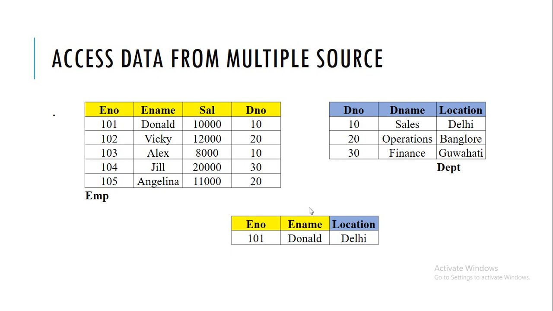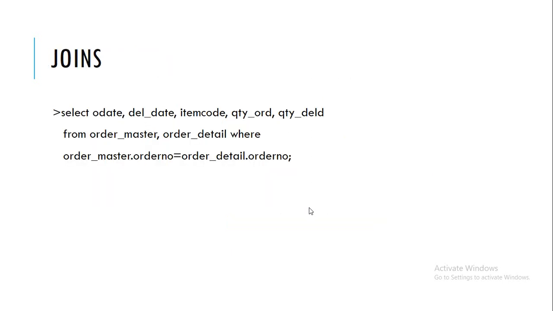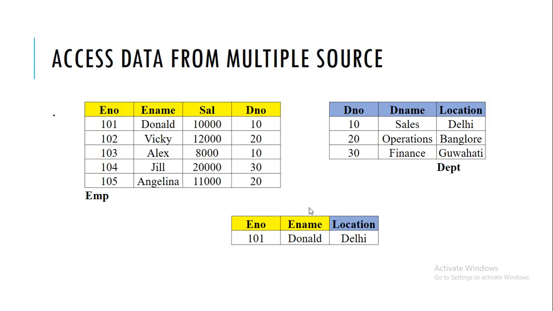So I can issue a command like select employee number, employee name and department number from employee, which is only from one source. Similarly I can issue a command on the department table.